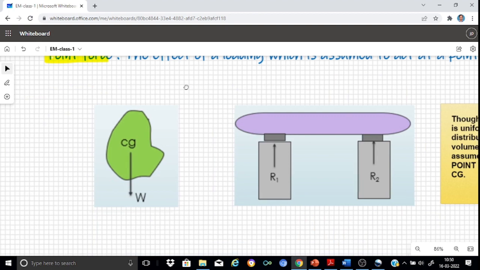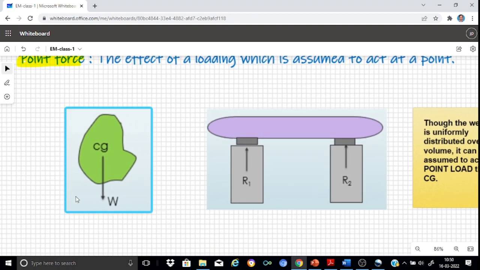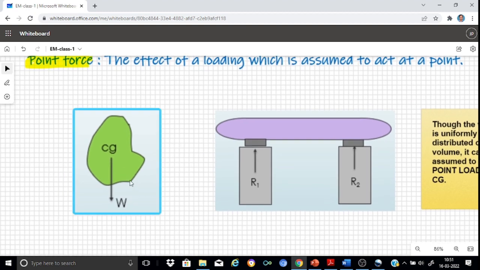I have given here two examples. Look here, this is a body. As far as the weight of a body is concerned, it is distributed throughout its volume. But for calculations, normally the entire weight that is distributed is replaced by a point force, which we call the self weight of the body, essentially acting through its centroid.